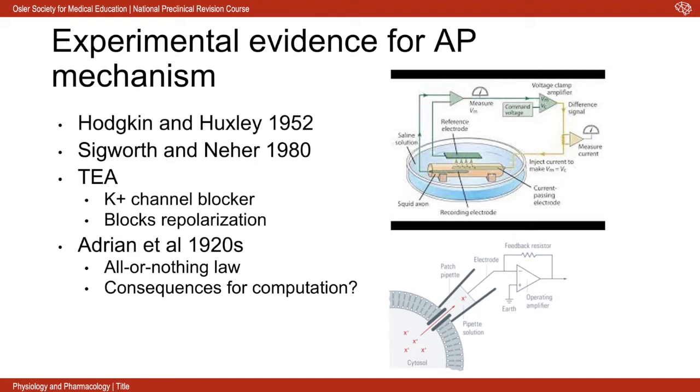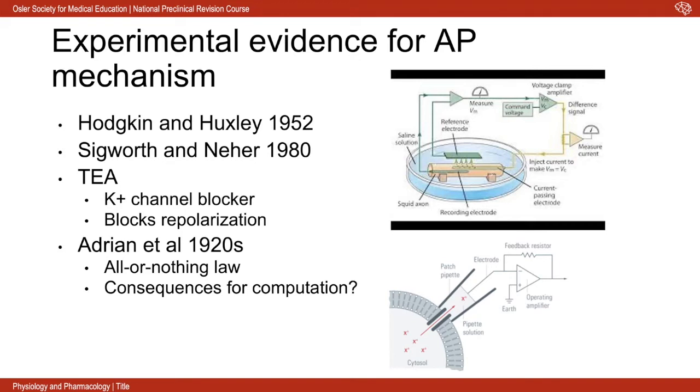The size of the action potential generated is constant and independent of the size of the initial stimulus once the threshold value is reached, and any further stimulus has no effect, and this is known as the all or nothing law. This was actually developed by Adrian et al. in the 1920s through the direct observation of the consistency of action potential size in motor and sensory neurons.